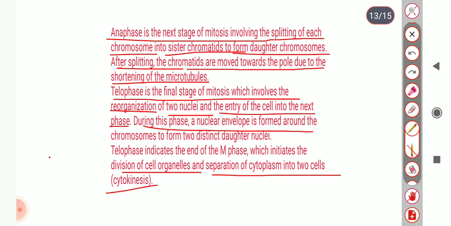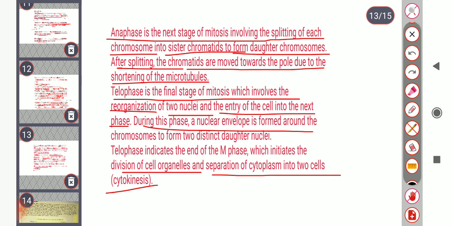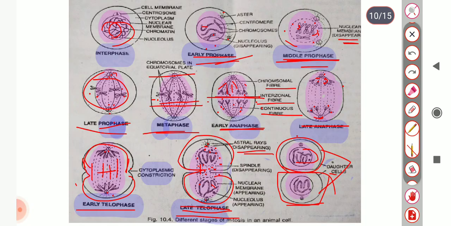Telophase is the end phase of the M phase or mitotic phase. You can again see the structure of cytokinesis, where the end phase of telophase occurs. Here the cytokinesis phase occurs and the completely formed daughter cells are separated.